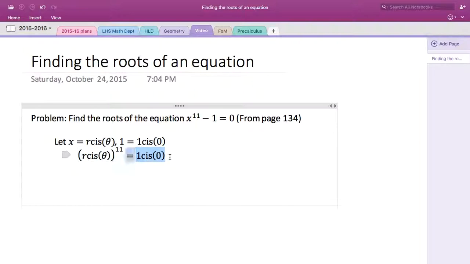By the multiplication law, this r cis theta to the 11th power will be r to the 11th power and cis 11 theta.